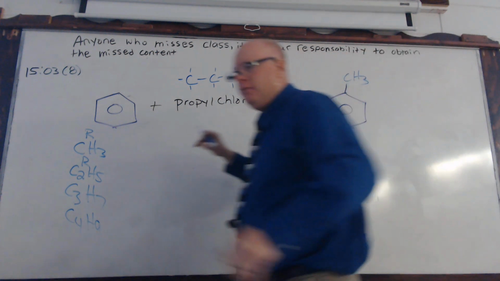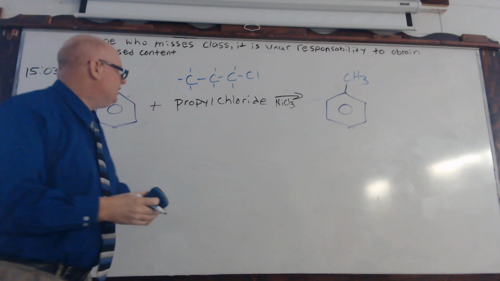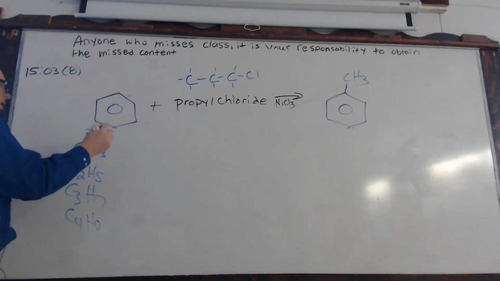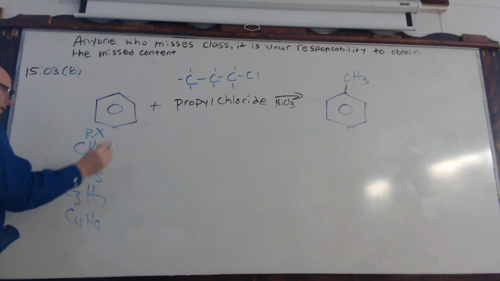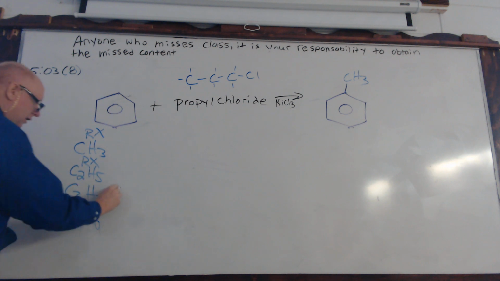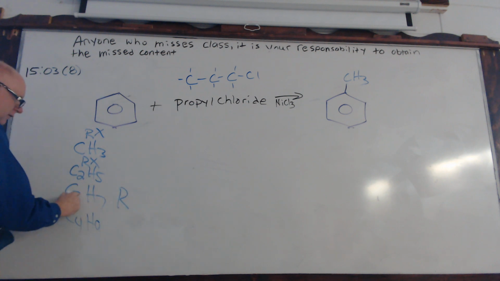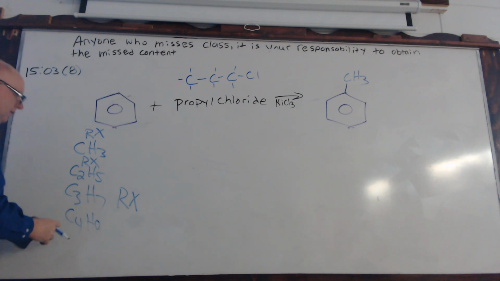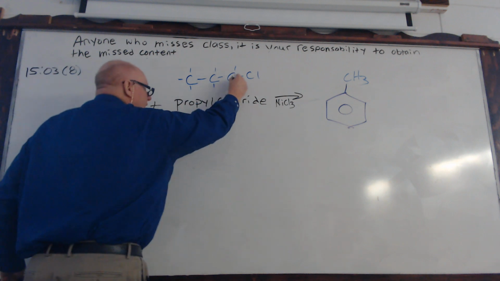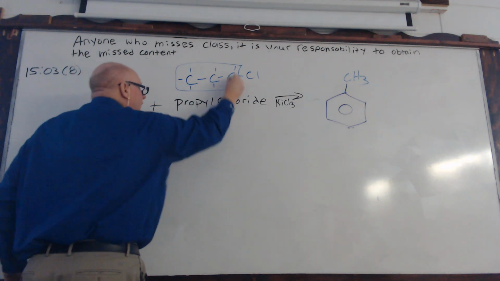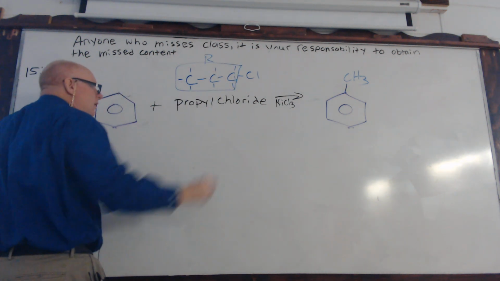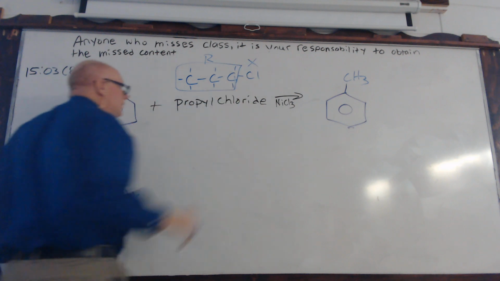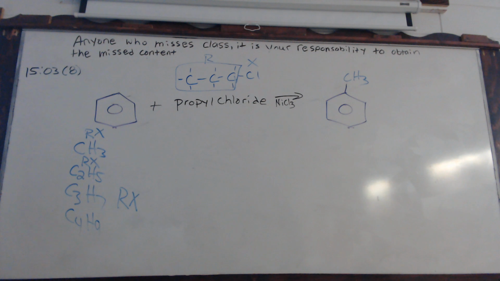That's not how the reaction proceeds. But it does if you have R and X. So the alkyl group right here, this is our R, and then here is our X, or a halogen.